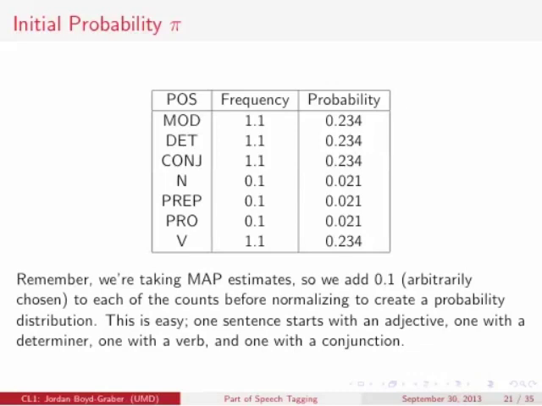So each of those have a count of 1, and when we add in the smoothing, those have a frequency of 1.1. Anything that we haven't observed gets a frequency of 0.1, because that's 0 plus 0.1. When we normalize that, we get the following probabilities. So this is our initial probability pi.